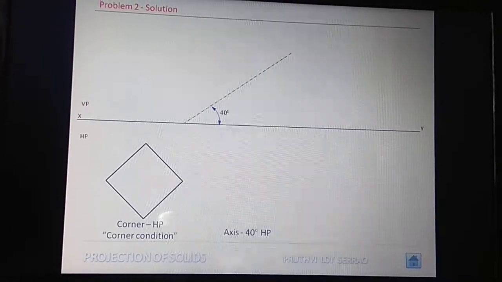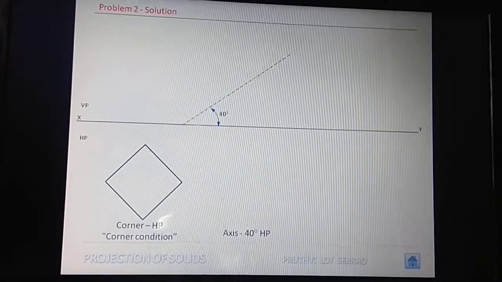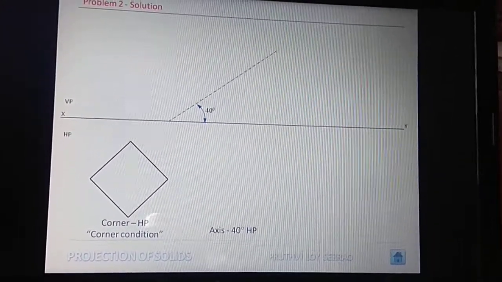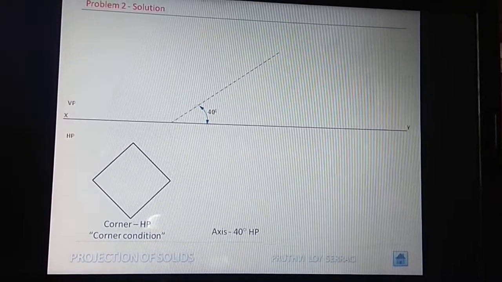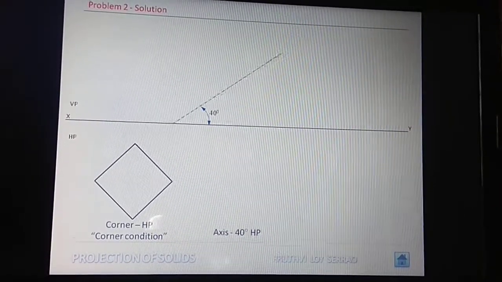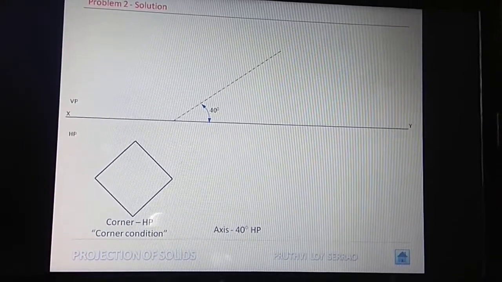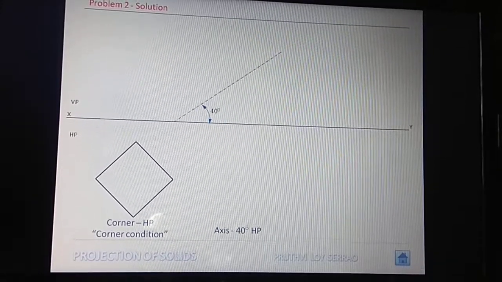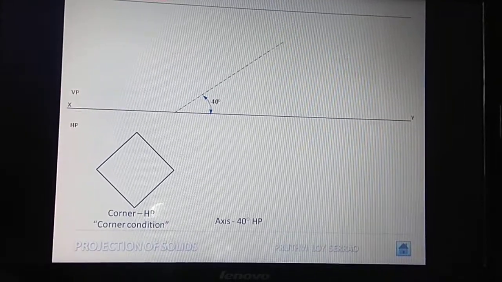Next condition is in the front view, whatever the height of the prism is given, that height is 60 mm. That axis makes an angle of 40 degrees to HP. That axis of the square prism is tilted at an angle of 40 degrees to HP. This is the second condition.